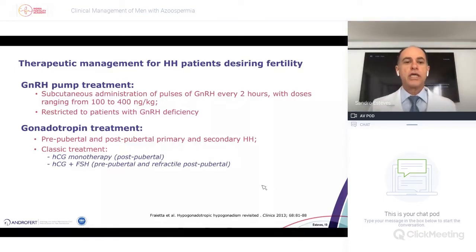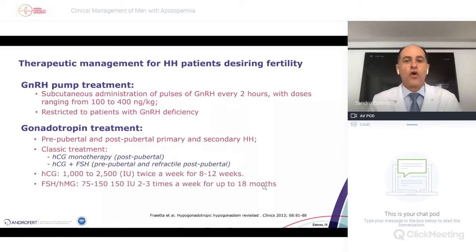In our clinic, we prefer HCG monotherapy when hypo-hypo is postpubertal. When it is prepubertal, we need to add both HCG and FSH, and we also add FSH in postpubertal hypo-hypo refractory to HCG monotherapy alone.